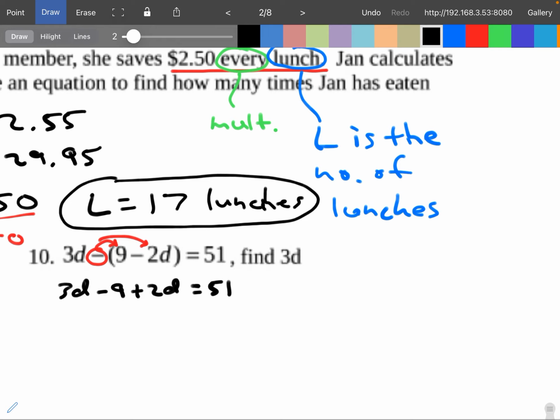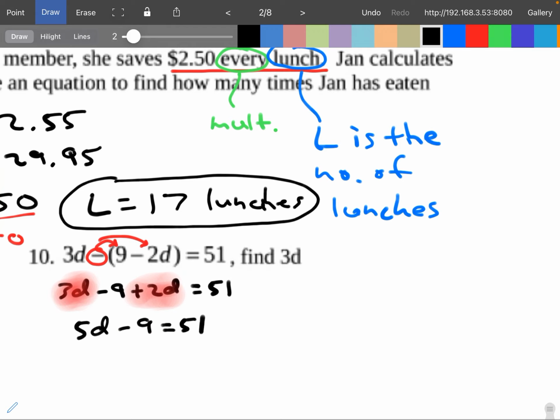Who's got a next step for me? Jonathan, you got it? 3D and 2D. Excellent. You're going to combine like terms. You have 3D plus 2D. So that's how many Ds? 5D. Excellent.